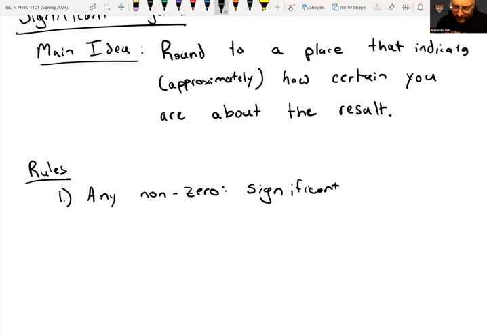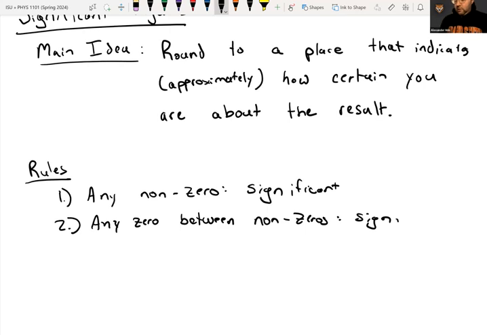All right. Second, any zero between non-zeros is also significant. All right. Now, the third thing that is significant: any trailing zeros.